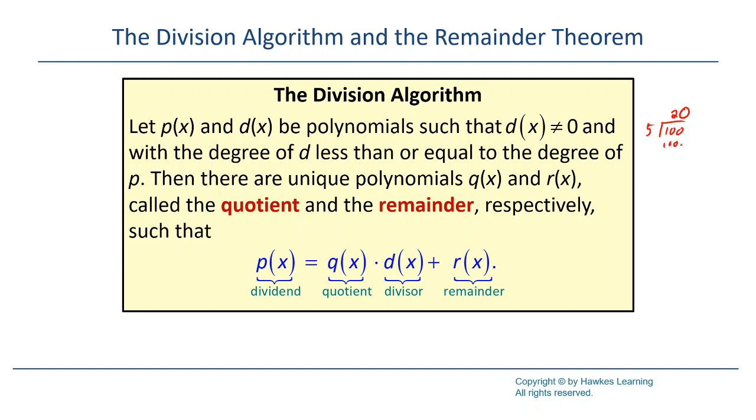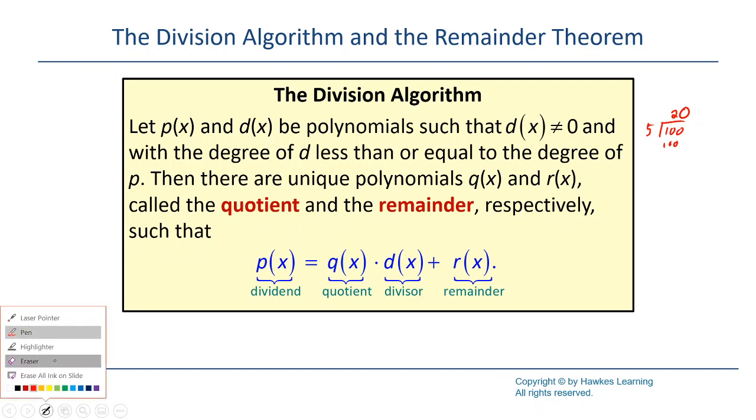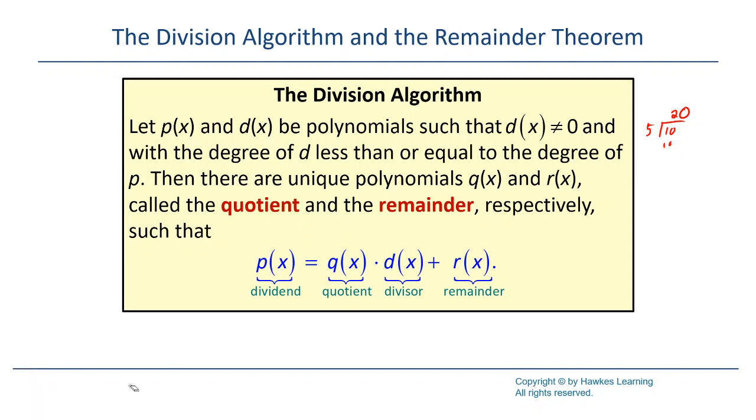Because this would be 100. Let's use 101. And it's going to have a remainder of 1. Which means 101 is equal to 20 times 5 plus 1.